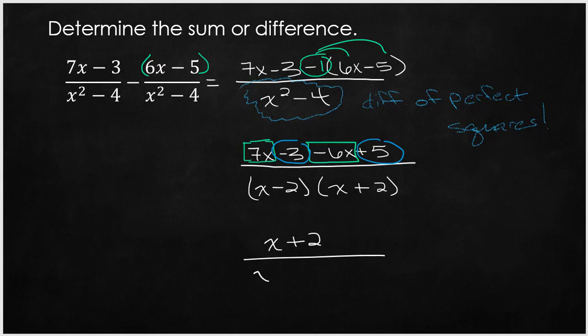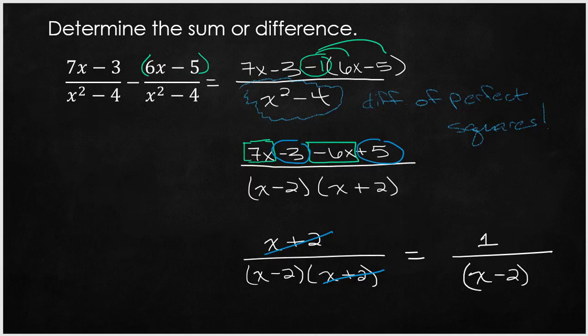And this is all over x minus 2 times x plus 2. And when you know it, some stuff starts to cancel. That x plus 2 cancels with that x plus 2. So this equals 1 over x minus 2.